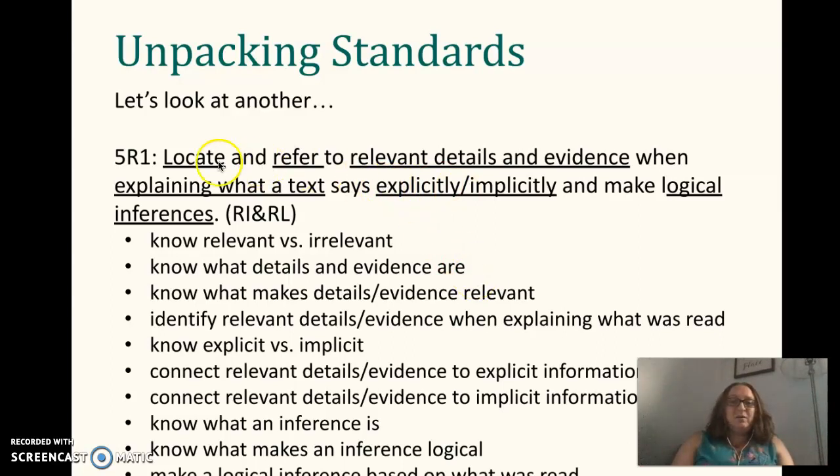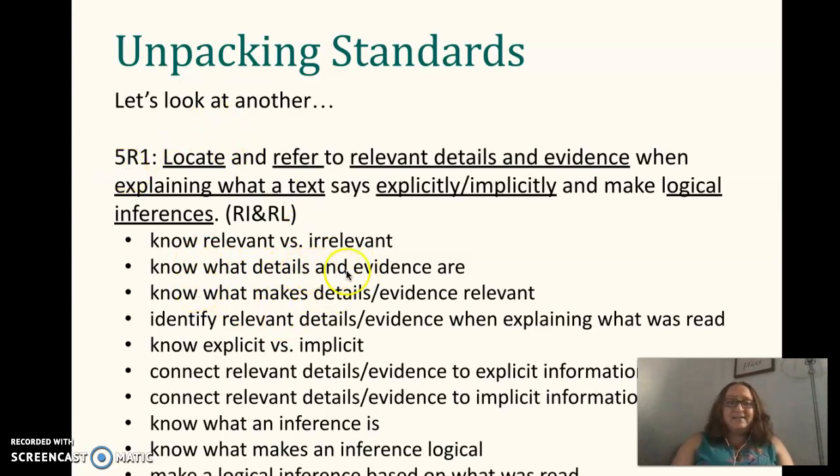So when I dug into this one, I started with this part here, the relevant details and evidence. So first of all, students have to know what relevant means, right? We don't want them to pick irrelevant details. We want relevant details. So then they have to know what details and evidence even are. Now in 5th grade, they should know what they are.